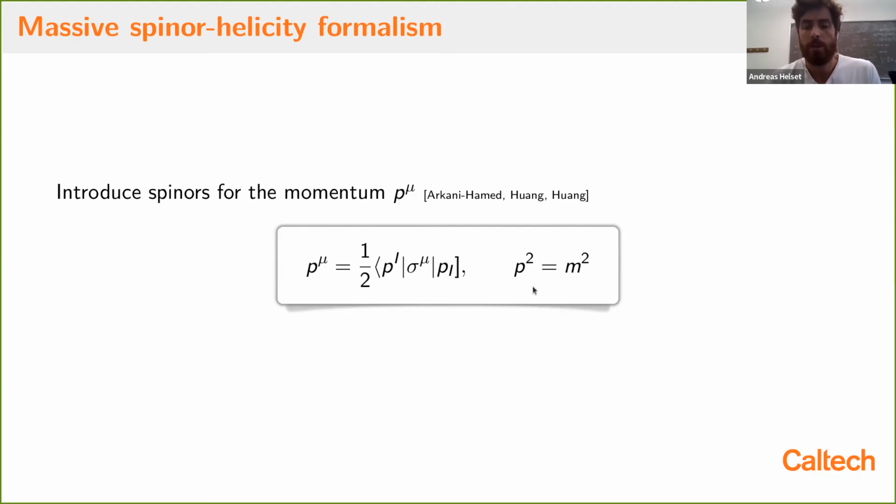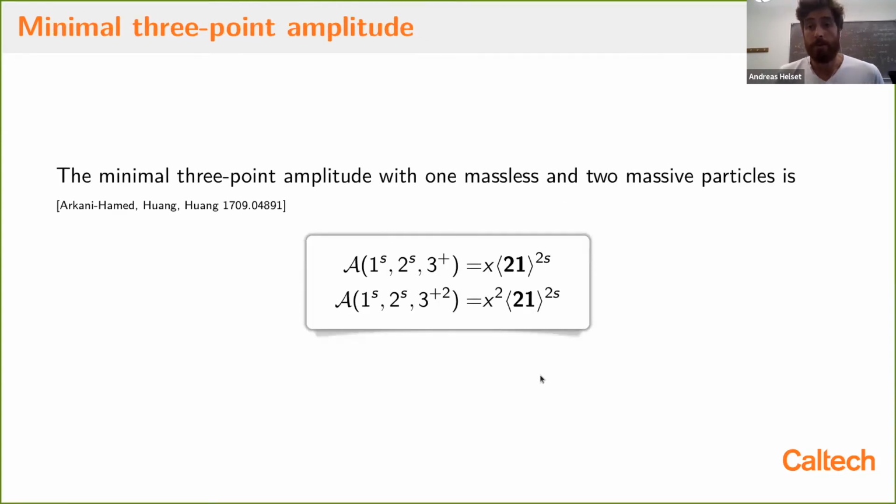When you have a massive particle, where p squared equals m squared, these spinors have this additional capital I index, so that's like two components. While if it's a massless particle, you don't need this I index. There's only one spinor. And these spinors transform nicely under the little group and so on. And they directly show up in amplitudes.